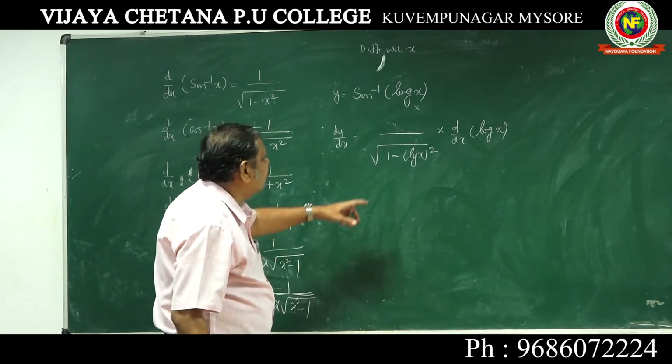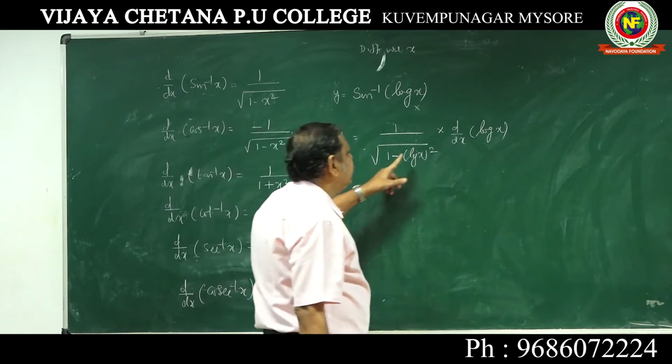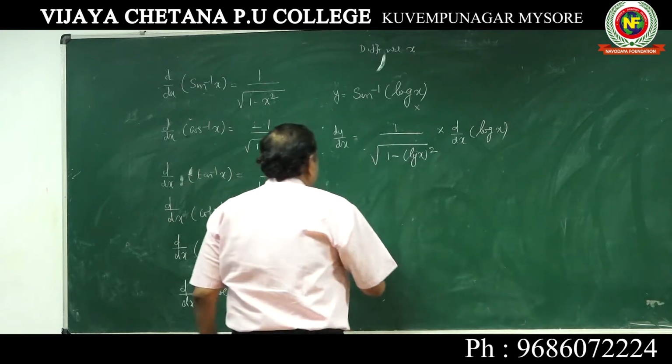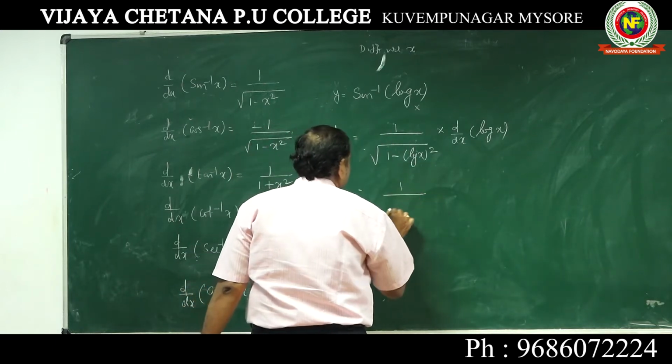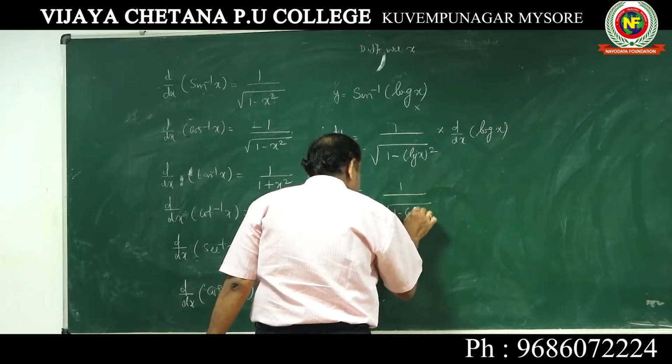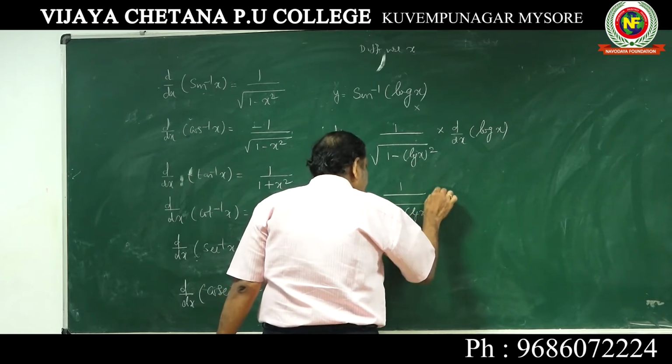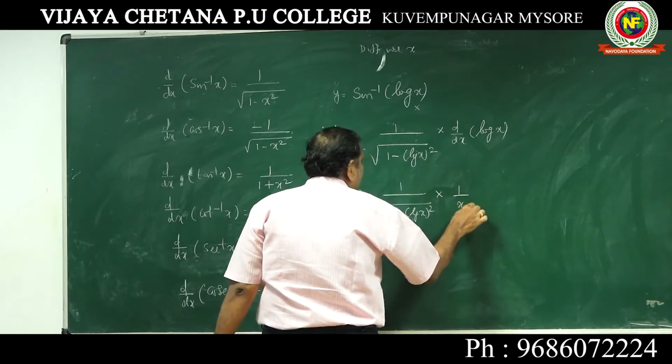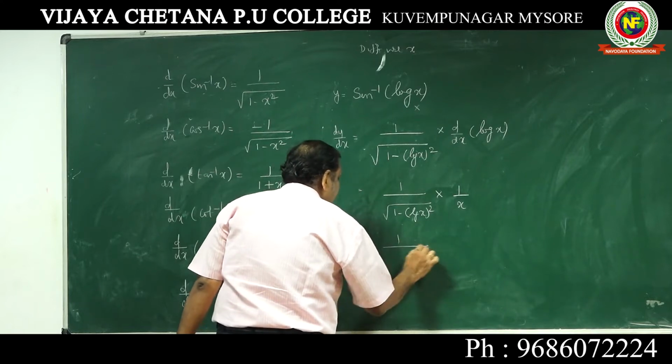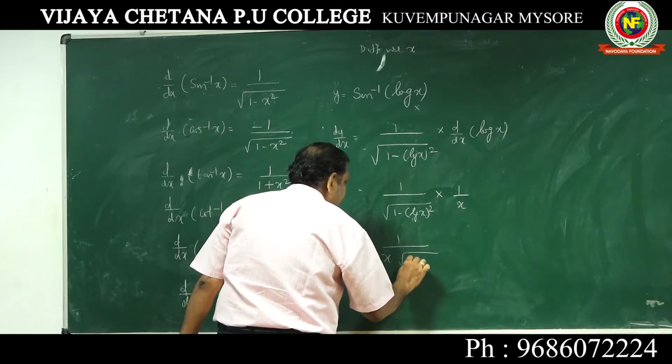So 1 over root of 1 minus log x whole square into d by dx of log x, which is 1 by x. Your final answer is 1 by x into square root of 1 minus log x whole square.